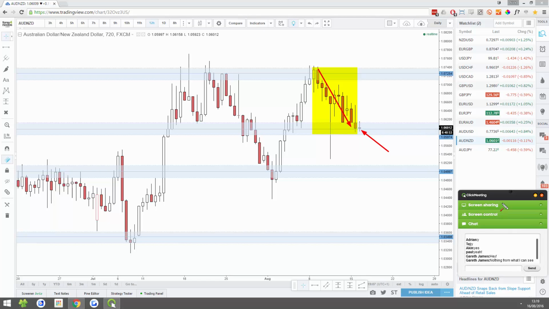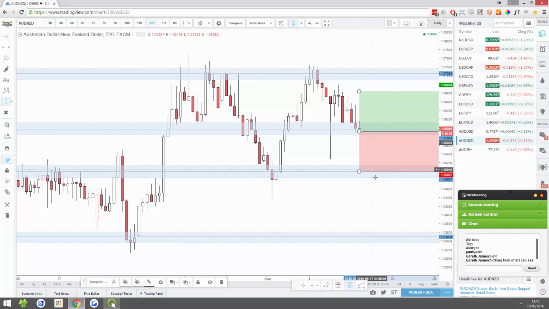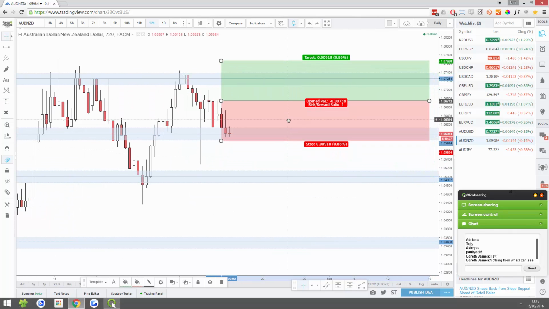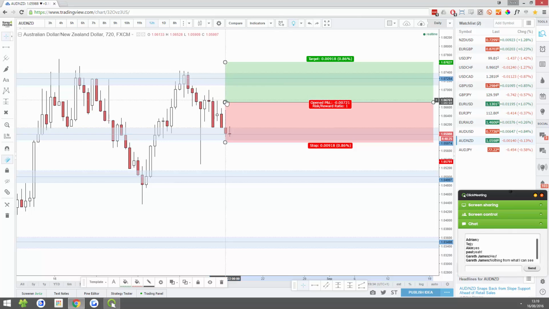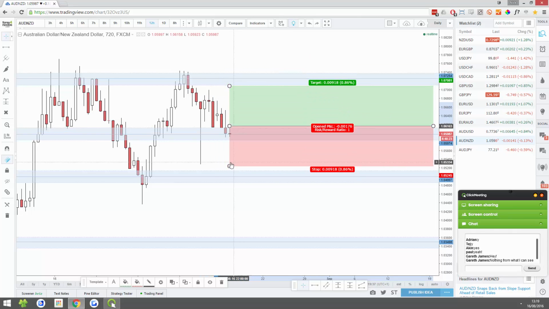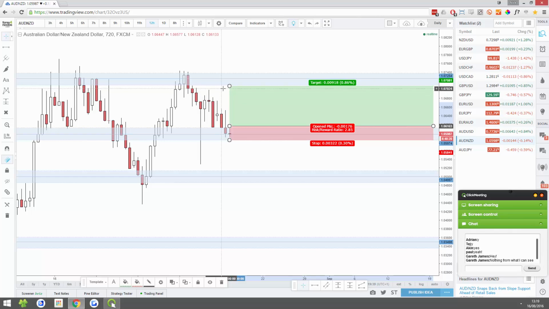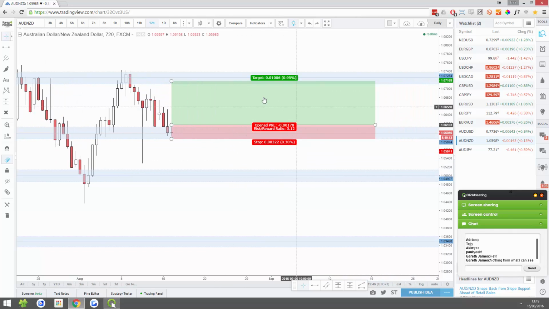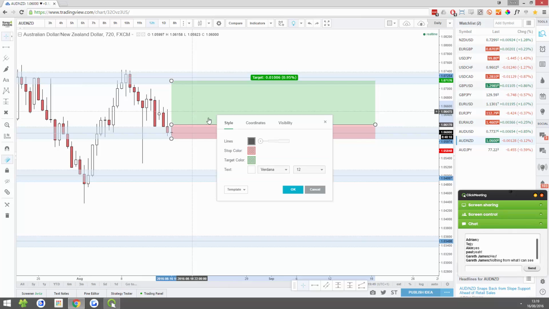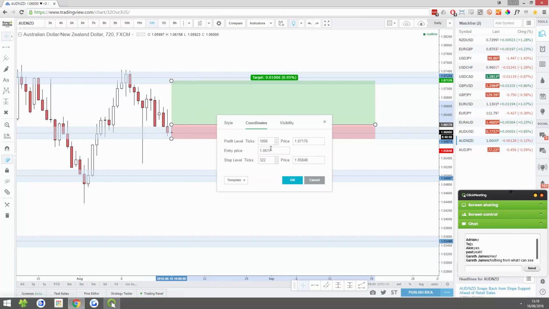So if this candle closes exactly as it is now, there might be some potential for a long trade here. And it looks like it would have a good risk to reward ratio. Based on the current candle, I would probably enter around 1.060.